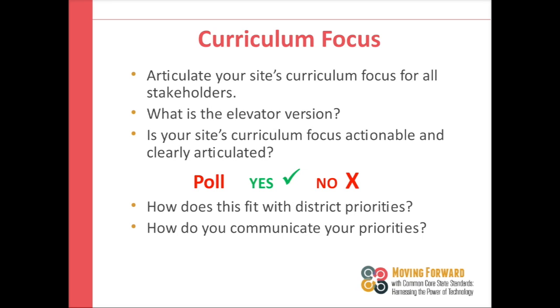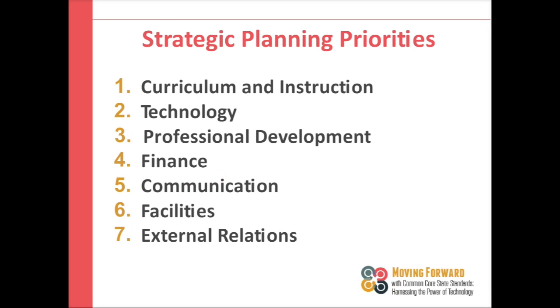When you send out voice messages, are you adding in the tagline about your school district and what that means to your organization? So those are all things that you want to consider when you're talking about having a curriculum focus. Can you articulate it, and how do you communicate it to all the stakeholders in your organization?